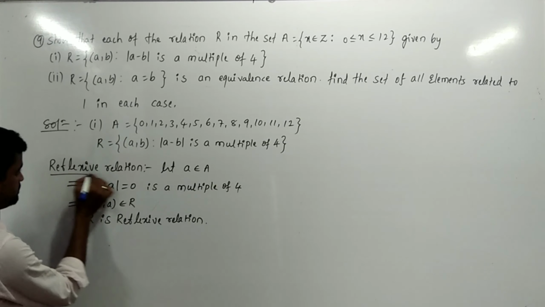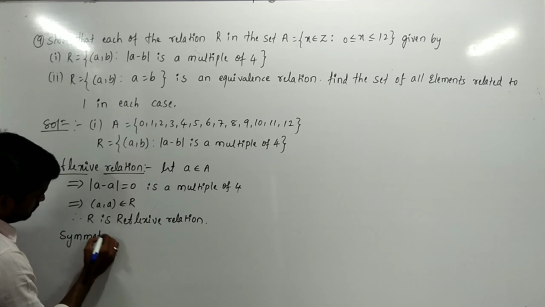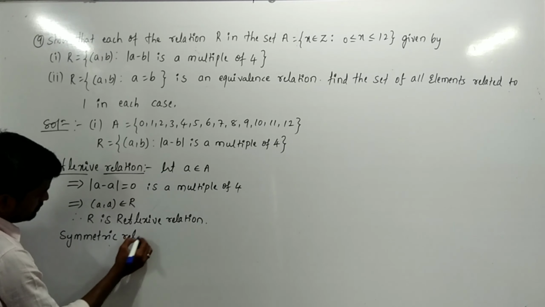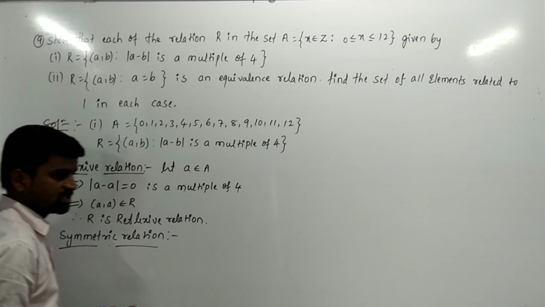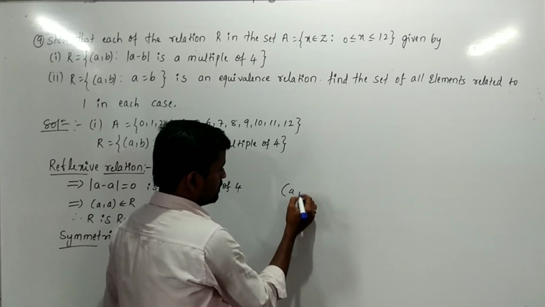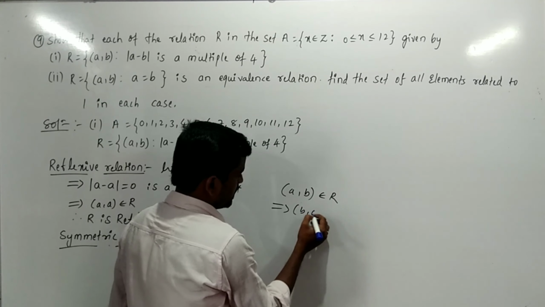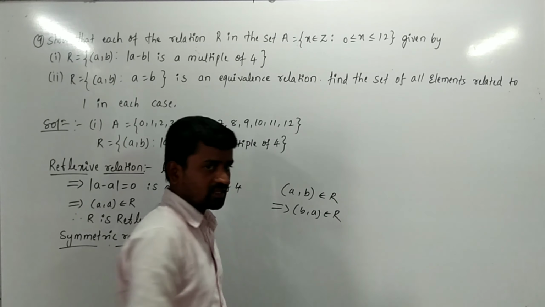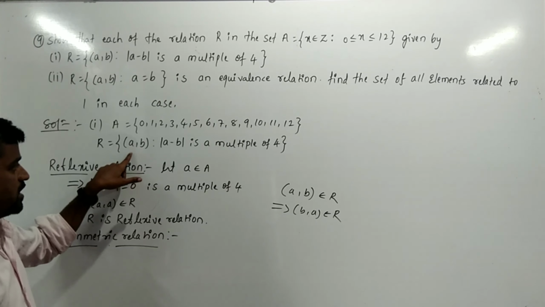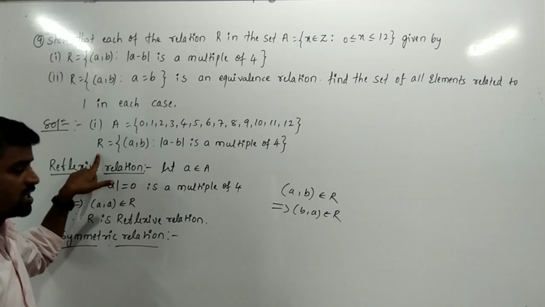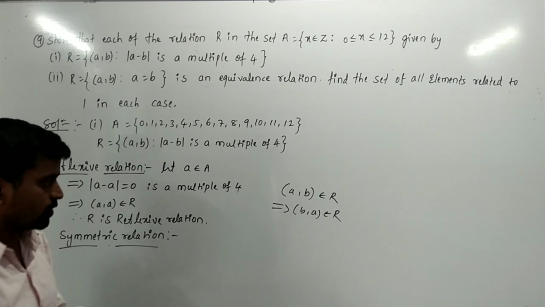Second, symmetric relation. There are two elements. (a, b) belongs to R implies (b, a) belongs to R is called a symmetric relation. (a, b) belongs to R already. If (a, b) is in the relation, the condition is |a - b| is a multiple of 4.